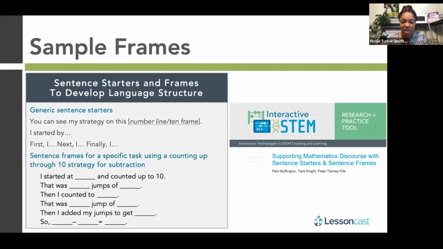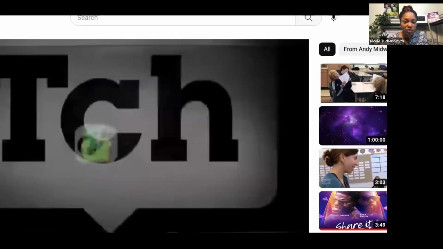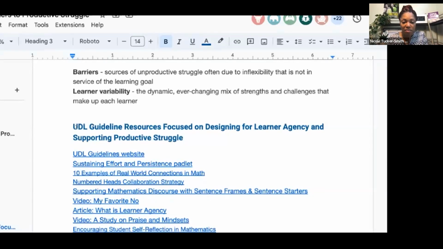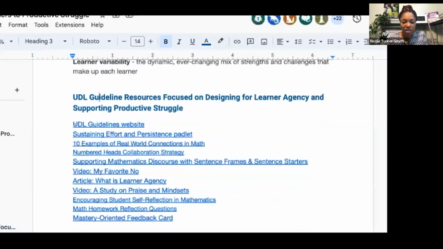what I'm talking about. If I go to this handout here, right on page 2 is a list of lots of resources. The one I'm talking about now is called Supporting Mathematics Discourse with Sentence Frames and Sentence Starters.